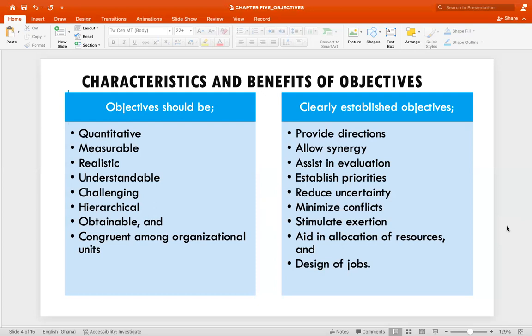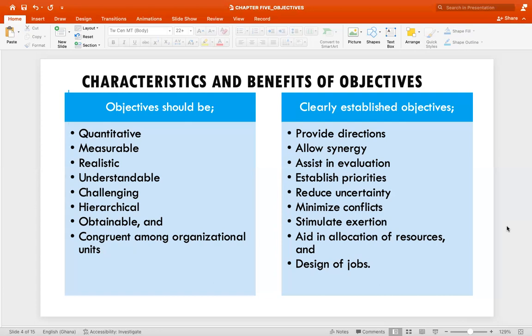So try and add some percentage increase or decrease depending upon the type of variable that you are looking at. All right. So they should be quantitative. Close to that, they should be measurable. At the end of the day, you want to find out the progress you are making. So once you attach some figures, quantitative, in terms of percentage increase or decrease, then you can assess what you have done compared to the objectives that you had set for yourself.